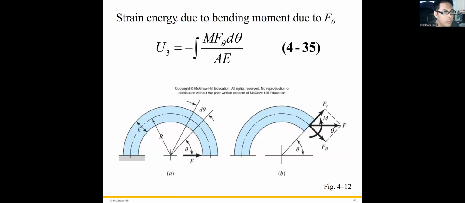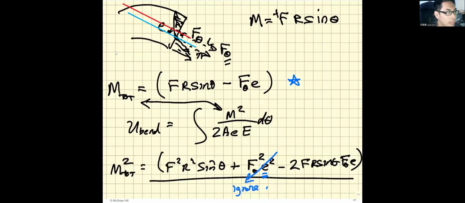And the third term is the strain energy due to the bending moment due to the axial force. I will explain this later, maybe you are confused about what it is. So why the bending moment due to the axial force?